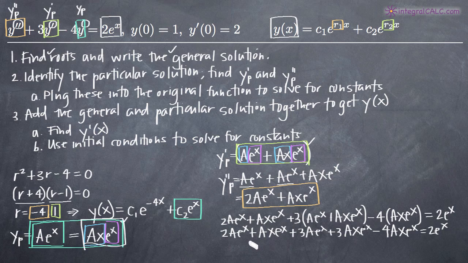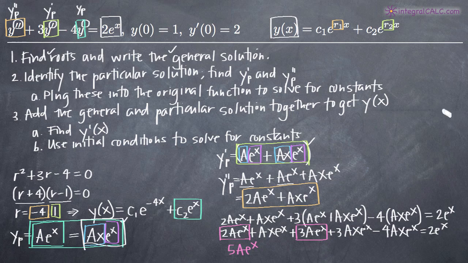So now we'll need to combine like terms. Let's do this in a different color. We have 2a e to the x, we have 3a e to the x, and that's it. So we'll get 5a e to the x.